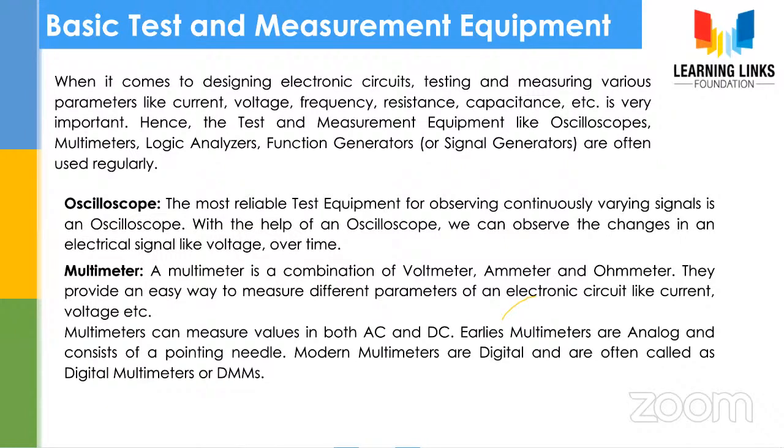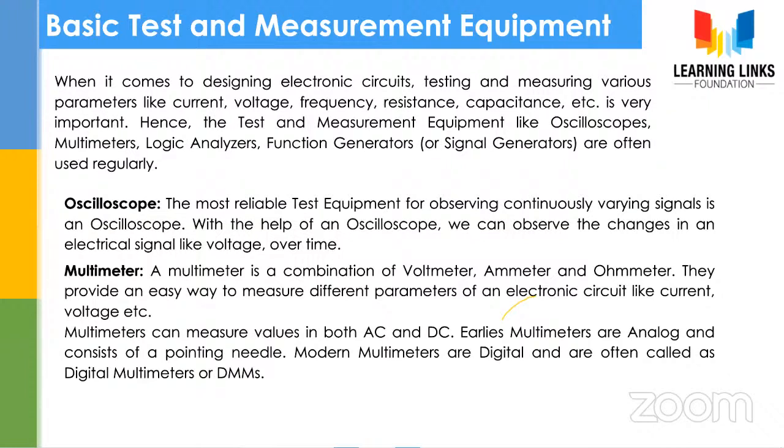We measure voltage, resistance, and current. It is also known as a volt-ohm meter, or volt-ohm multimeter, because the unit of voltage is volt and the unit of resistance is ohm.